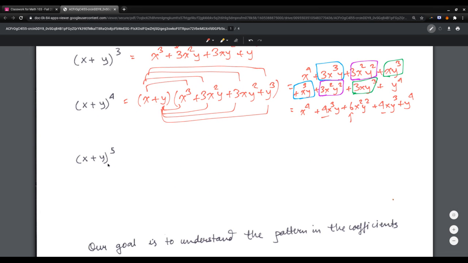Similarly, of course, you can FOIL and find this, but I'm going to write the result here and see if you can notice the patterns like the number 5 appearing, but then there's also going to be new numbers that show up.